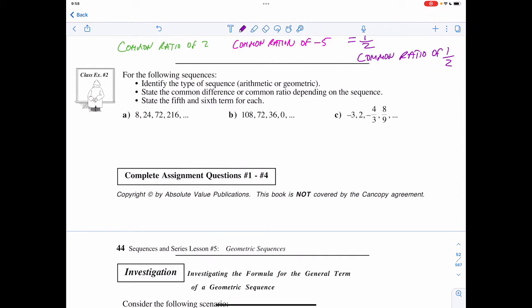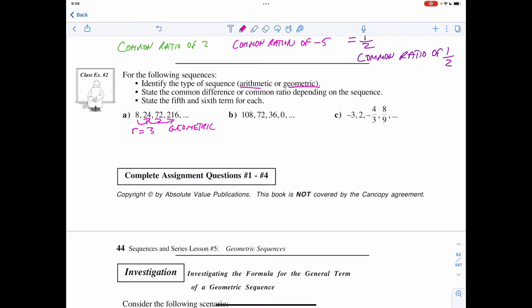So when I'm looking at all of these, I can determine if it's arithmetic or geometric by taking a look at how I get from one term to the next. Now in this case, to get from 8 to 24 to 72 to 216, I have a common ratio of 3, or I'm multiplying by 3, which means that it's geometric.